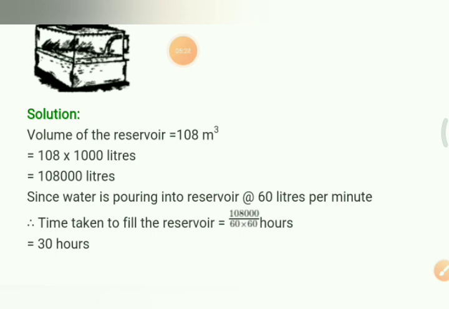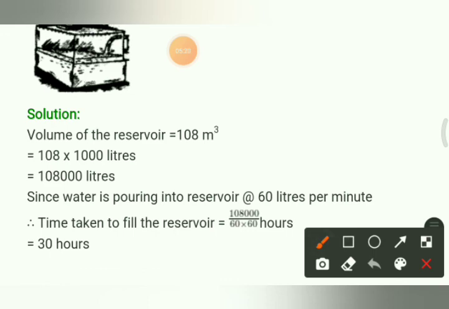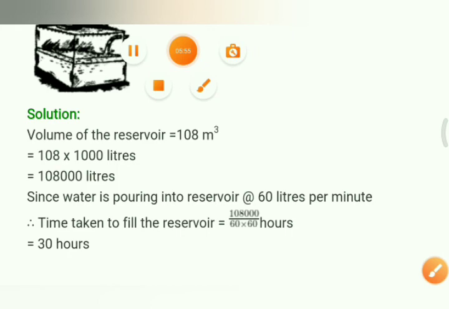See, here it is given clearly that water is pouring at the rate of 60 liters per minute. That means in 1 minute 60 liters of water can be filled in the tank. And now when we divide, we'll get the answer as 30 hours. So it will take 30 hours to pour 1,08,000 liters of water. With this, we have completed chapter number 11.